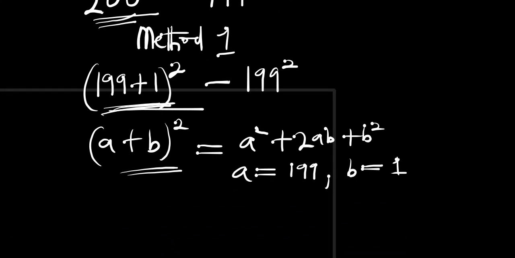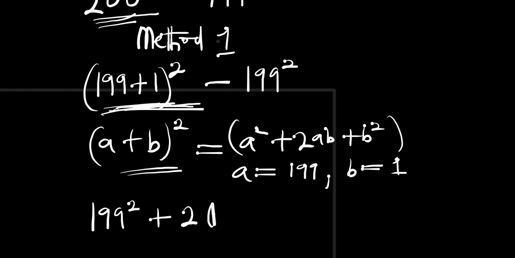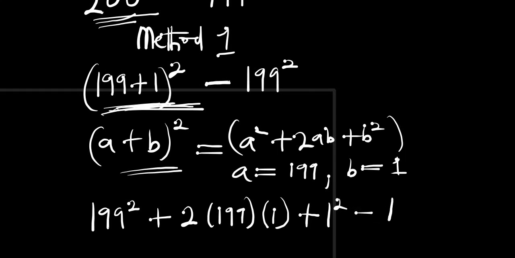So if you insert what we have inside this bracket into this identity, what you are going to have is, we have 199 squared, then plus 2ab, that is 2 times 199, then times 1, then we have plus 1 squared, that is b squared. Then remember we have minus sign here, we have minus 199 power 2.